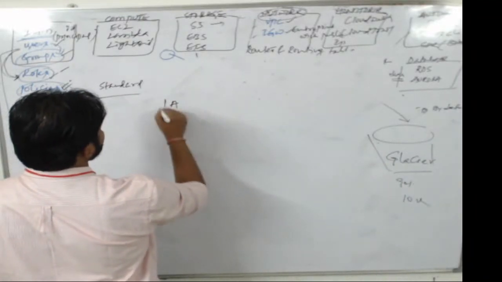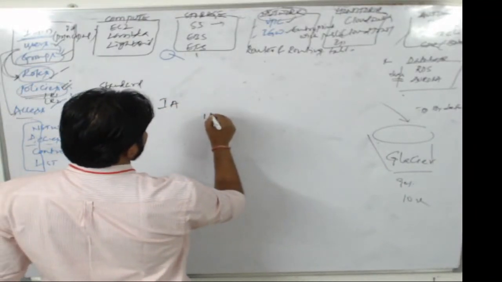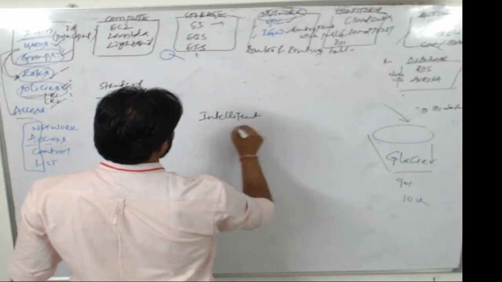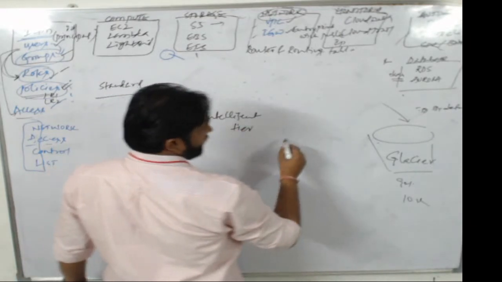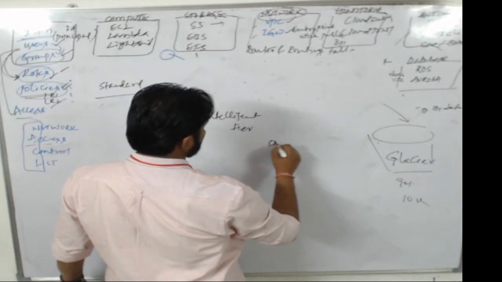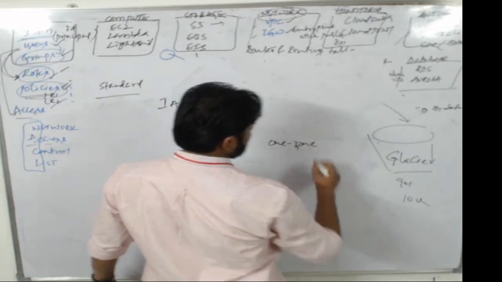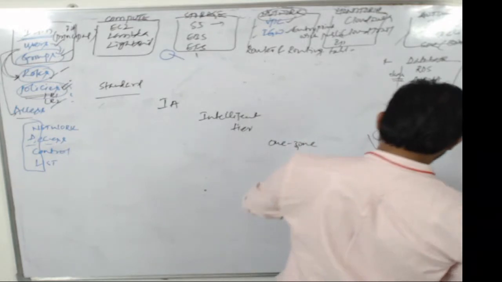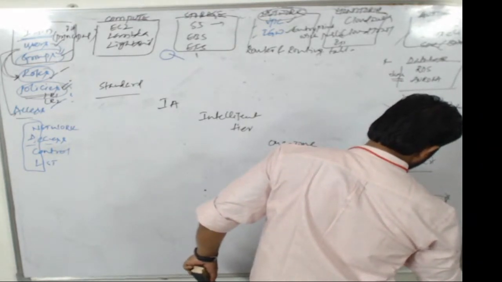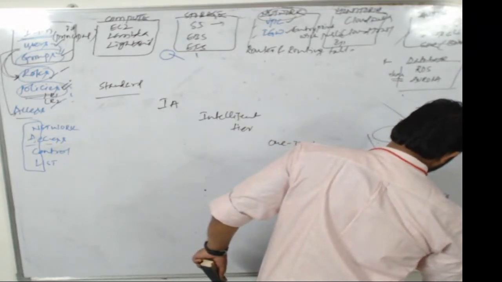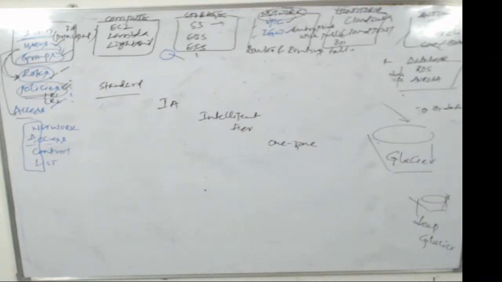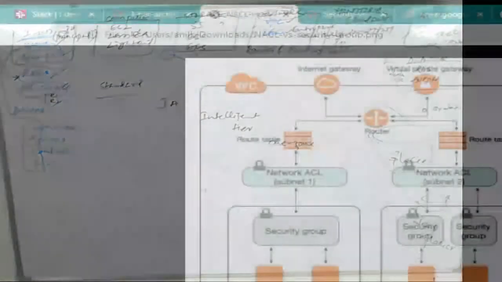Standard infrequent access, intelligent tiering. Nobody will ask you to remember these things, but they are logical. Then one zone, then Glacier. Nowadays they have introduced another one, deep glacier. I'll pause this image.